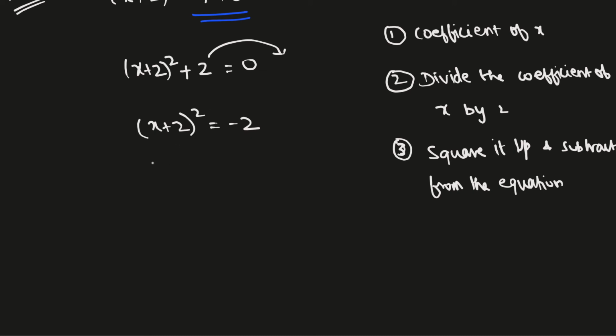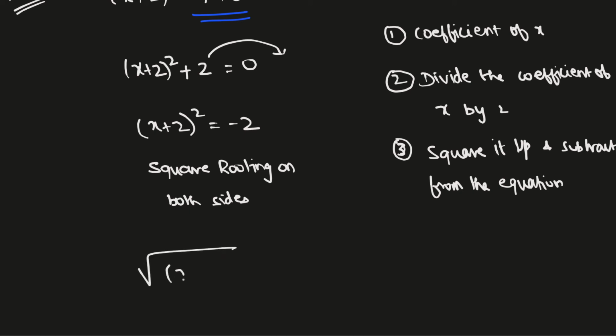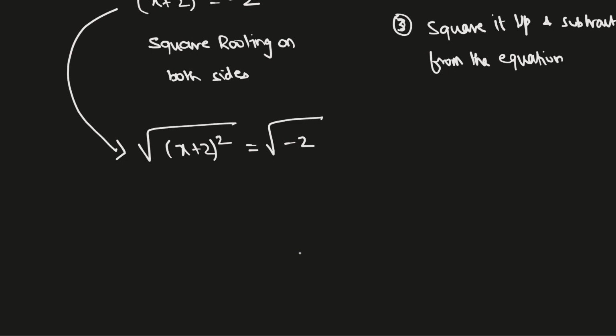If you want to get rid of the square, you take the square root on both sides. Everything remains the same because you're square rooting both sides, so your value doesn't change at all.